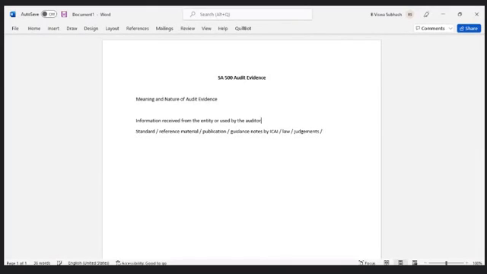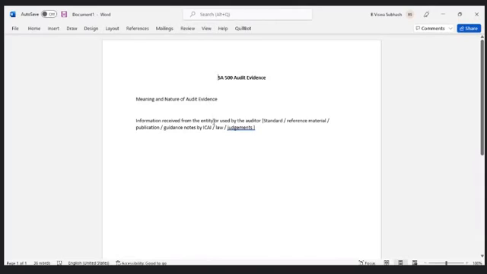It could be anything that is used by the auditor, which does not come from the entity, but is used by the auditor. Either used by the auditor or information received from the entity.